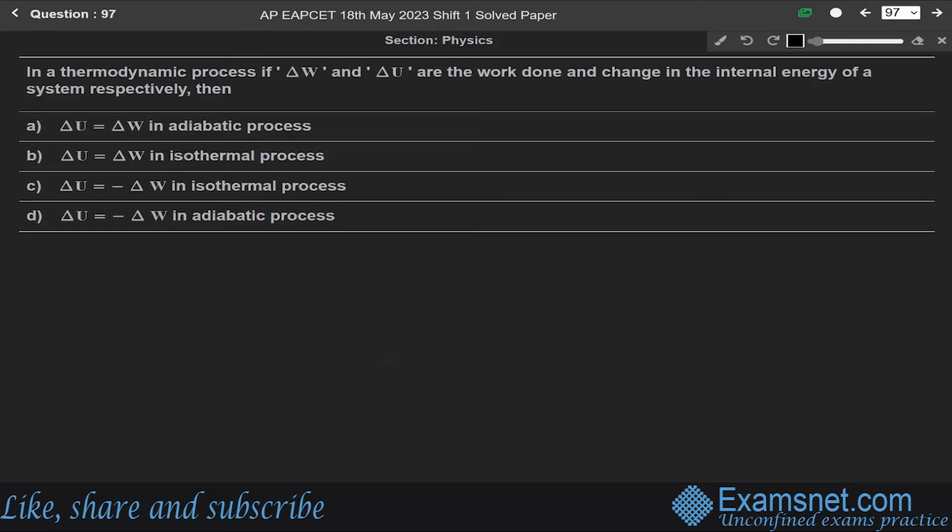In a thermodynamic process, if delta W and delta U are the work done and change in the internal energy of a system respectively, then among these four, we have to find the correct answer. So this question is from the chapter of thermodynamics.